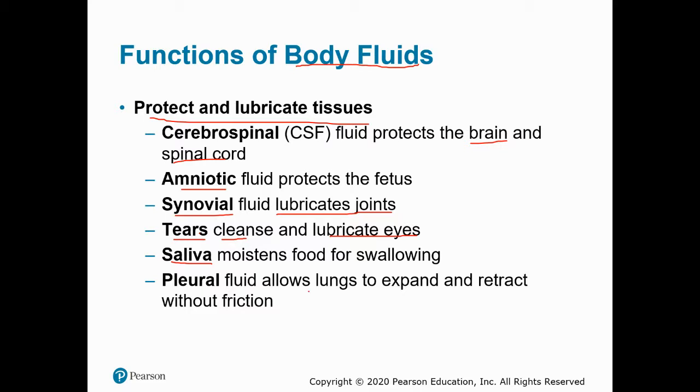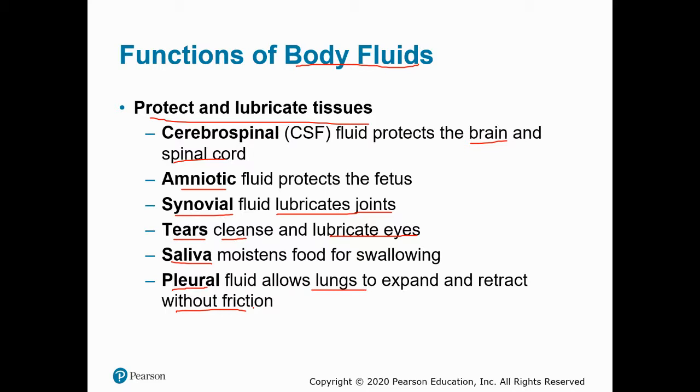And then we have pleural fluid, which is fluid surrounding the lungs, which again helps the lungs to be more supple and mobile so that they can expand and contract without friction. Right? Have you ever felt, as you're inhaling or exhaling, your lungs moving inside your rib cage? I mean, you can technically, but you don't feel like Velcro or something, right?